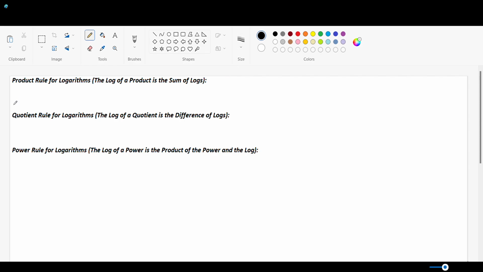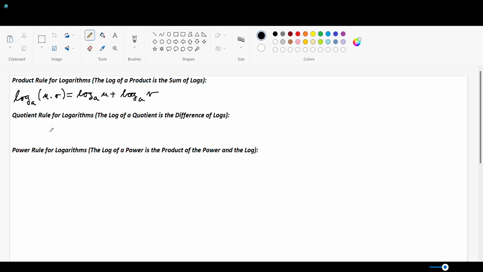It can be written as log base a of u times v is equal to the sum of logarithms, which means logarithm base a of u plus logarithm base a of v.